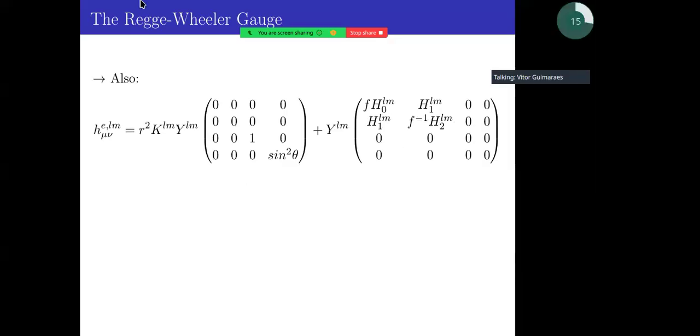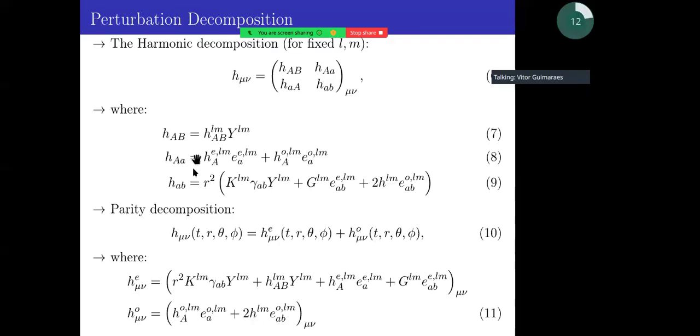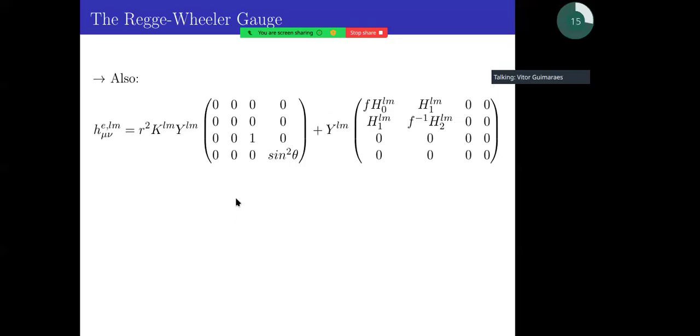And also for the even part, let's take a look again. What is left in the Regge-Wheeler gauge is this element here and this element here. So basically, this is a scalar, this is a scalar, this is the metric on the two-sphere, and this is a 2x2 matrix with respect to t and r. So this is h_AB, and this is the metric with respect to the two-sphere, but now we brought it to our four-dimensional spacetime.